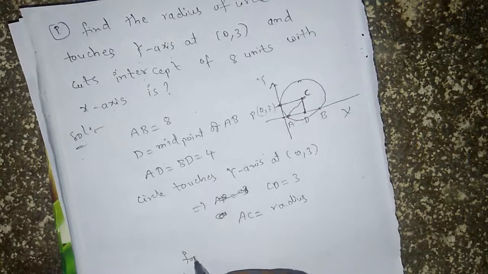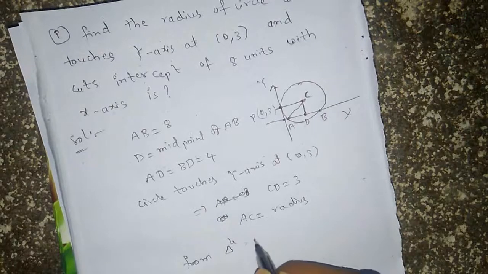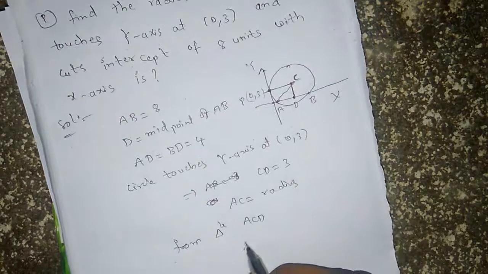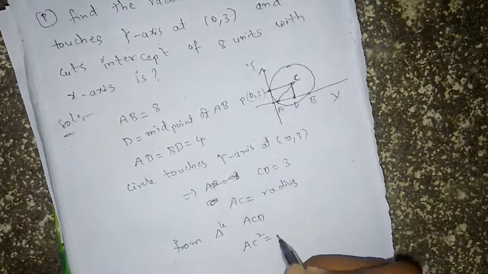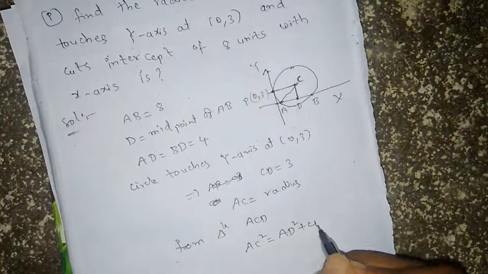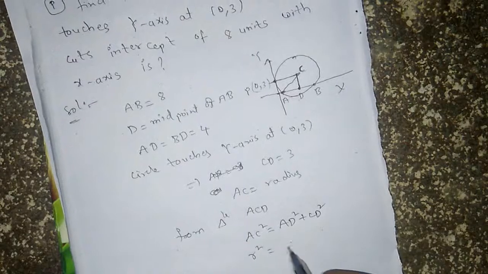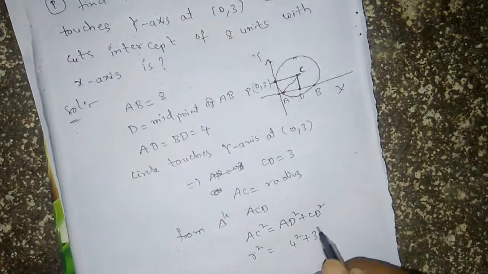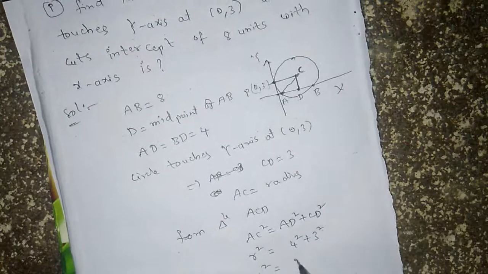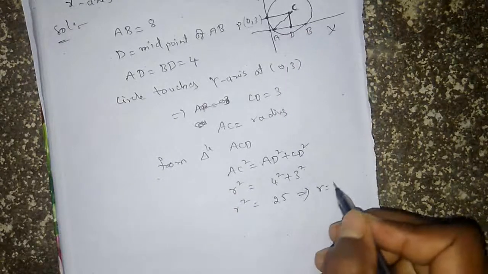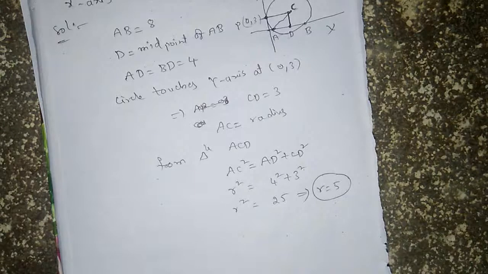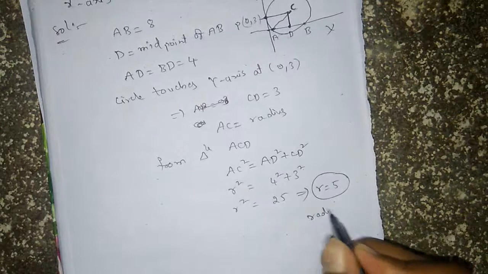From triangle ACD, AC square is equal to AD square plus CD square, that is R square is equal to 4 square plus 3 square. R square is equal to 25 implies R is equal to 5 is the required radius of the circle.